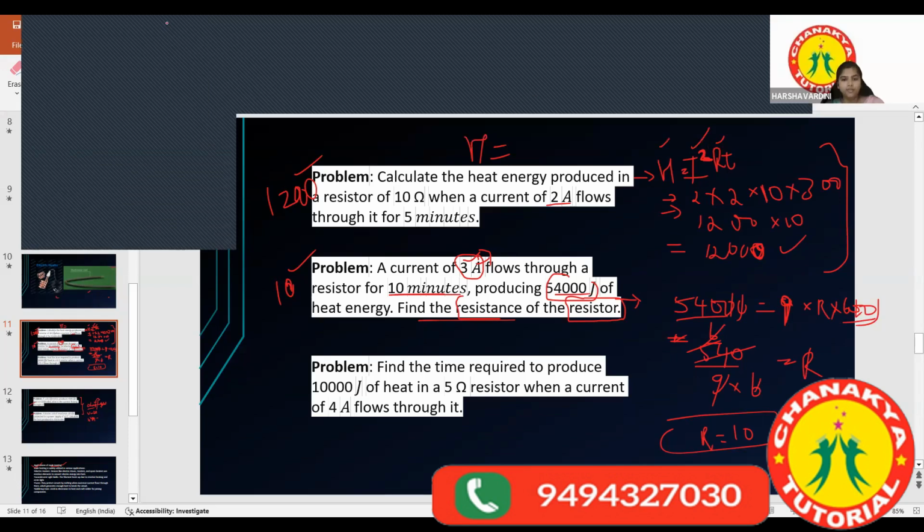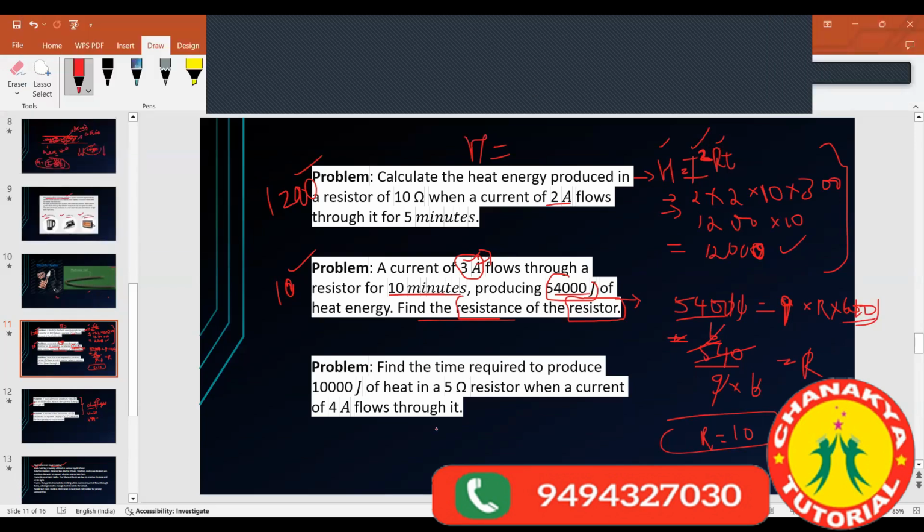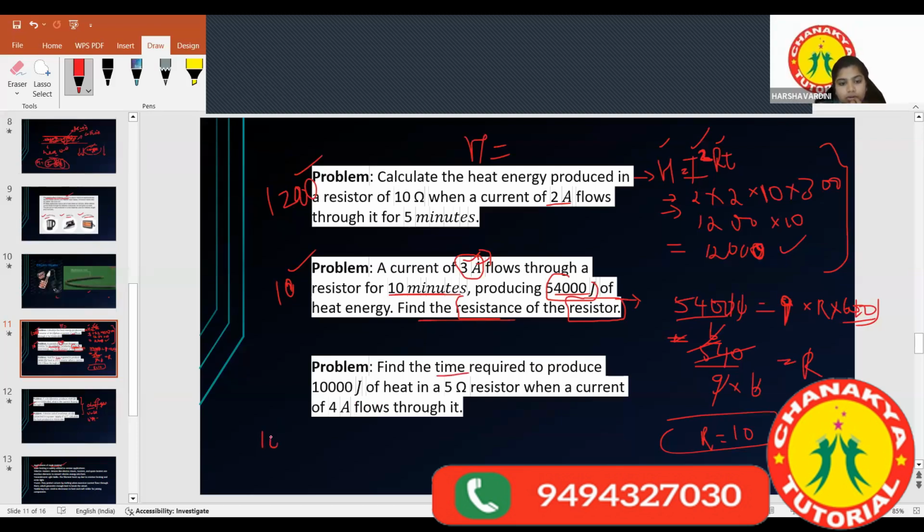I'll calculate. Wait. So for the third one, they're asking us to find the time. So 10,000. Please, everybody check when I am solving. Then don't ask, ma'am, what is that and what is this. When I'm solving, you check. Still, if you have doubt, then ask me. So 10,000 is H. I square is 4 squared, 16.